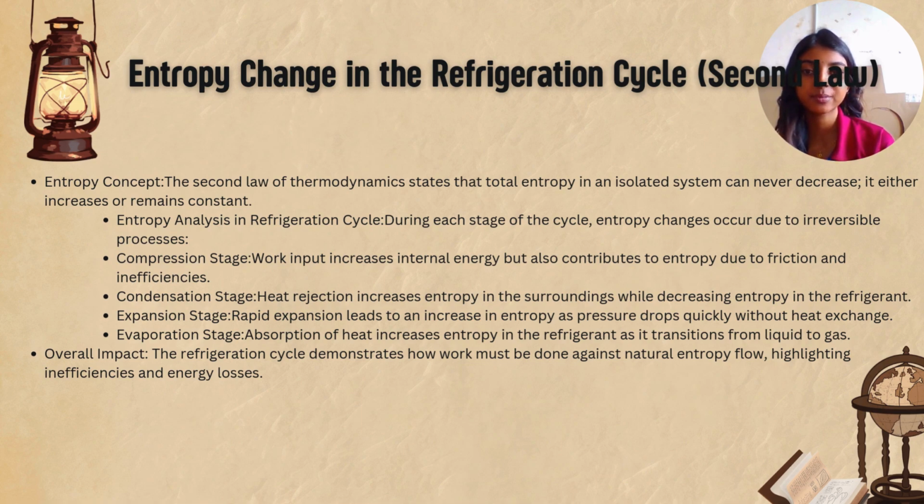And lastly, in the evaporation stage, absorption of heat increases entropy in the refrigerant as it transitions from liquid to gas. The overall impact is that the refrigeration cycle demonstrates how work must be done against nature's entropy flow, highlighting inefficiencies and energy losses.